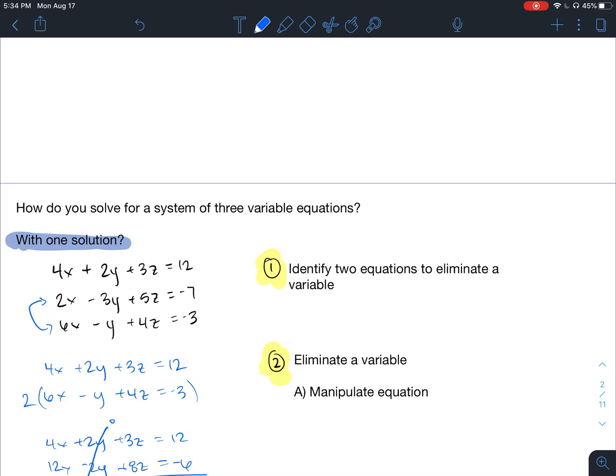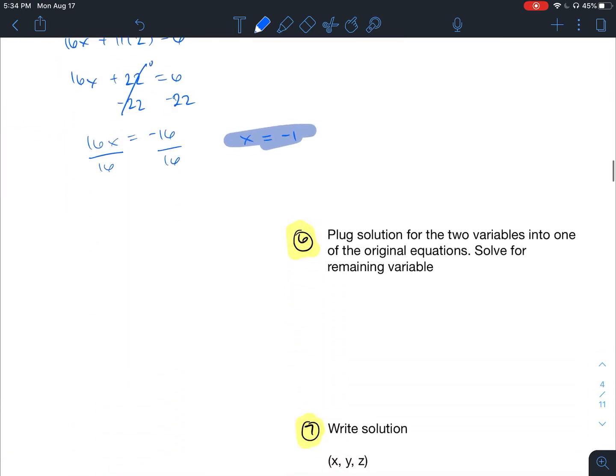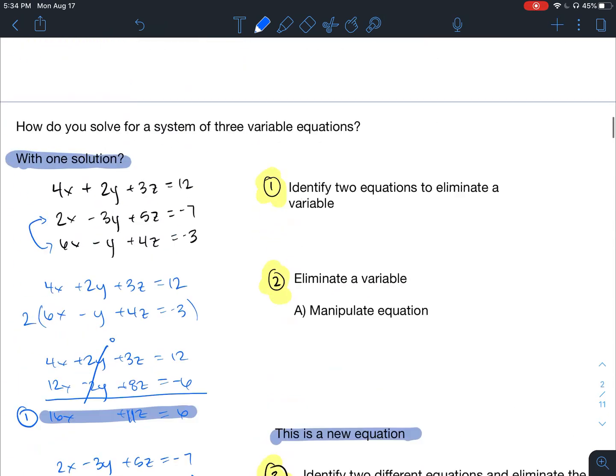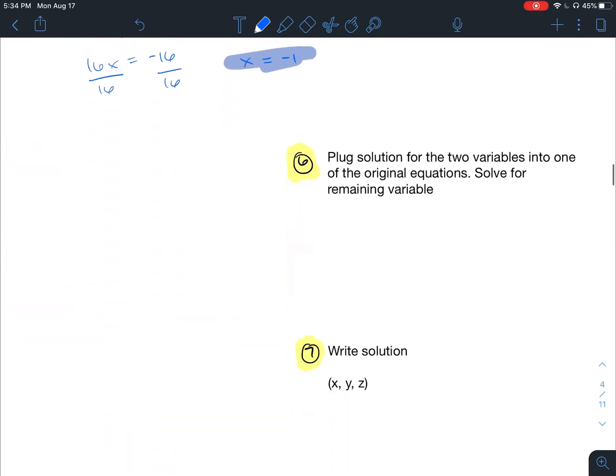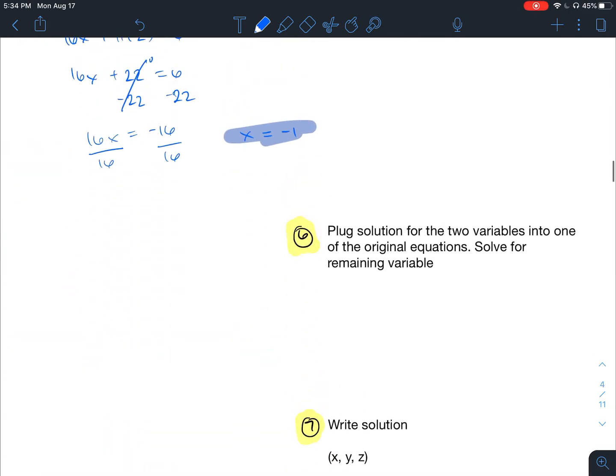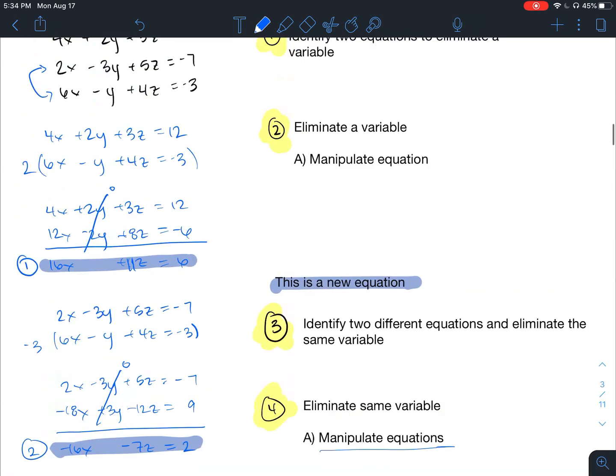Again, you can choose. I'm going to choose the bottom one because, again, y doesn't have a constant in front of it, so it's easier to deal with. So let's go ahead and write that.